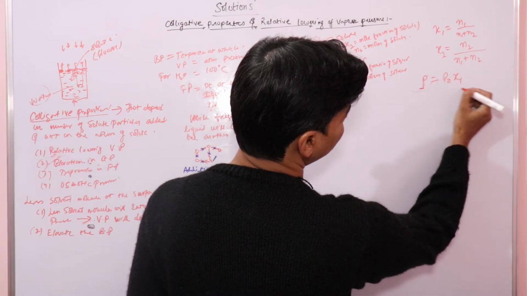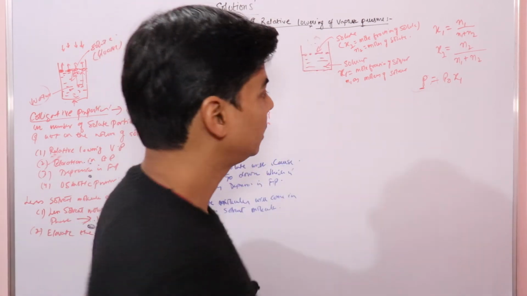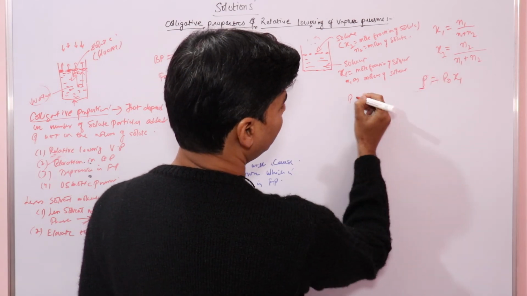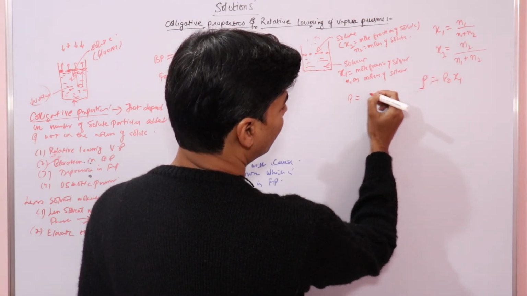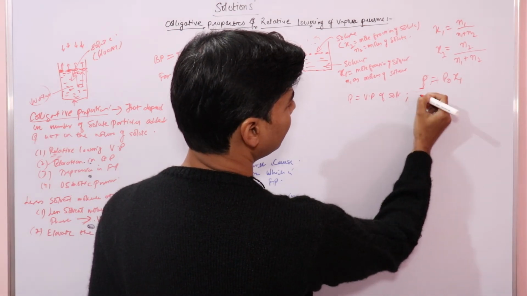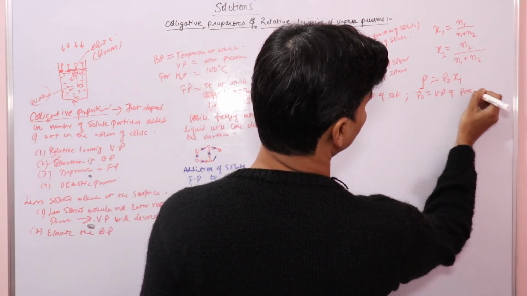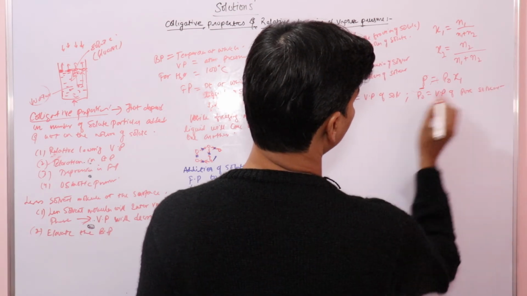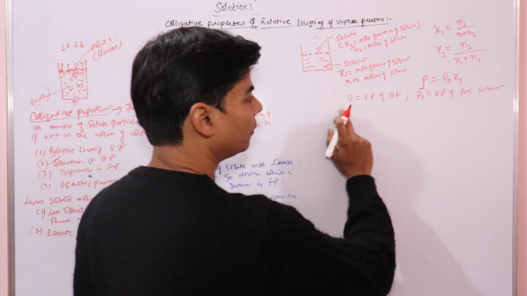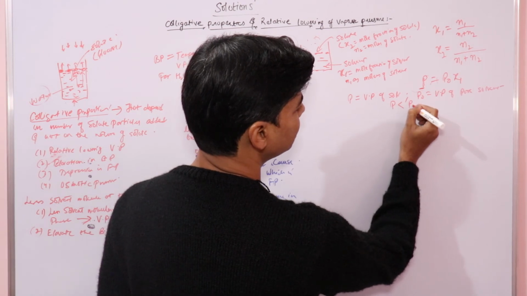And one thing we will show you now: P is the vapor pressure of solution, and P0 is the vapor pressure of pure solvent. By this understanding, we know that the vapor pressure of solution is less than that of pure solvent, P is less than P0.